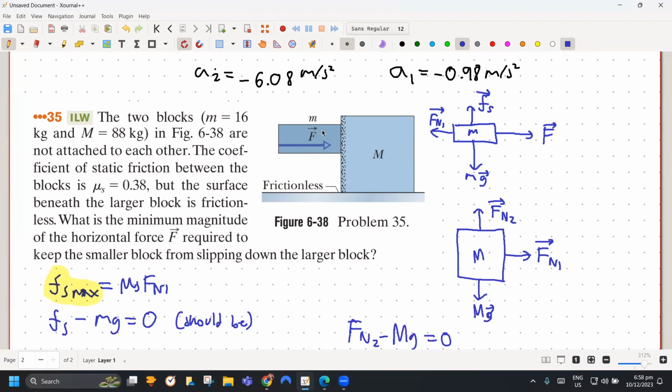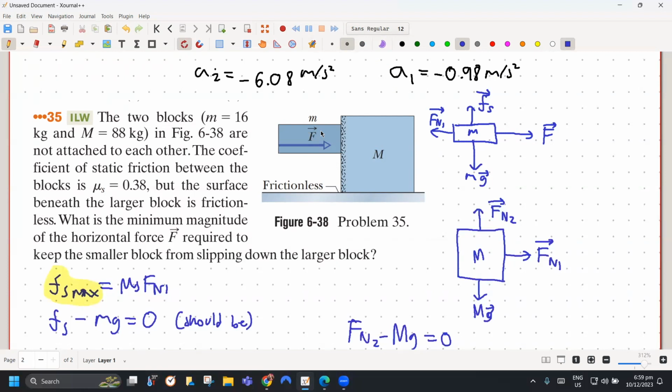Ang Fn1, the magnitude is positive. Para tumama yung direction, dapat maglalagay ka ng negative sign kasi pointing to the left yung Fn1. Kaya kita mo yung equation MA, A is acceleration of small m is equal to negative Fn1, kasi positive yung Fn1 because it's a magnitude.